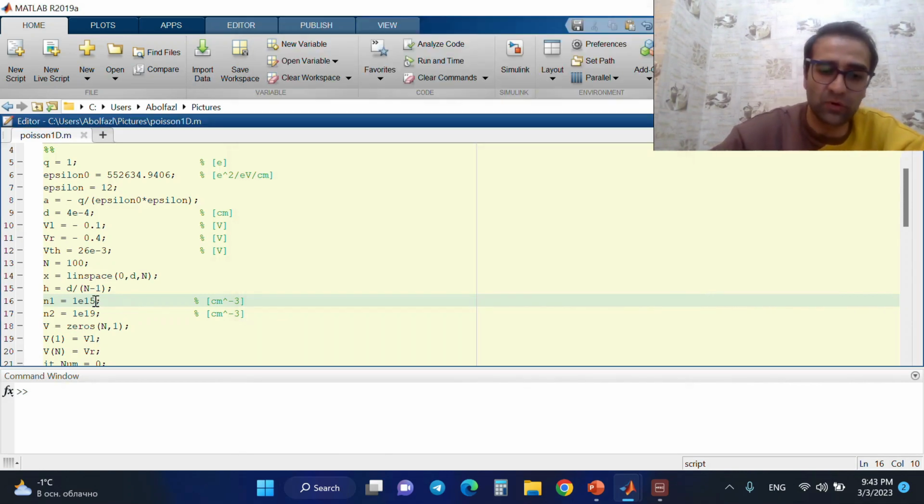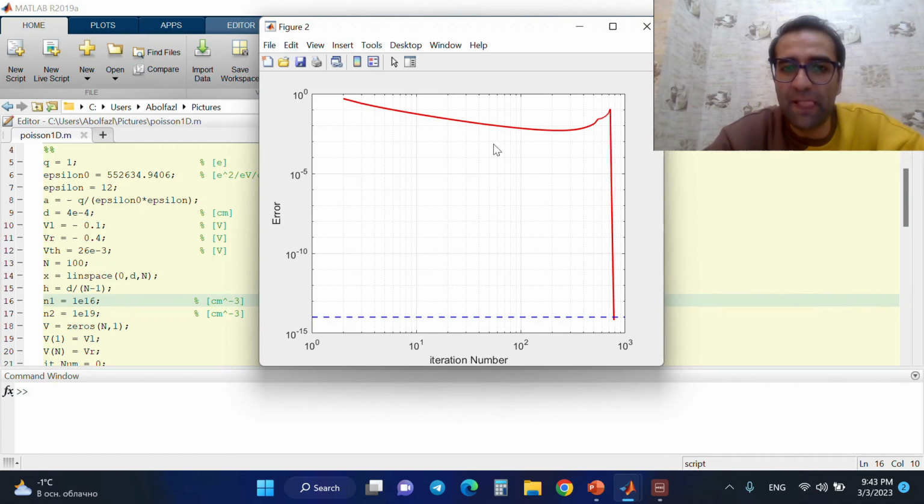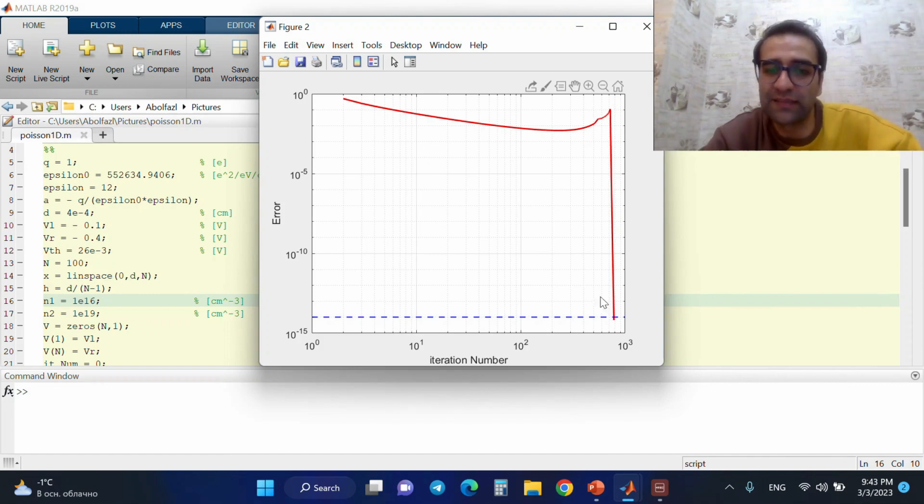Let's increase it more, from 1e15 to 1e16. Press F5. You see some tendency for divergence here, but the problem can still converge, right? But here it seems to start to diverge.